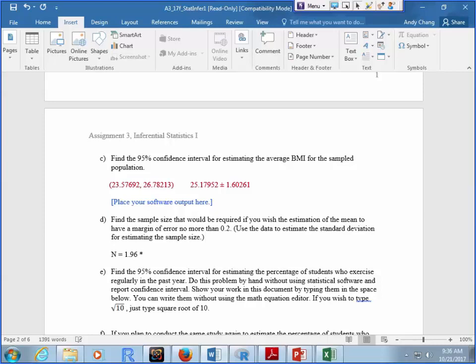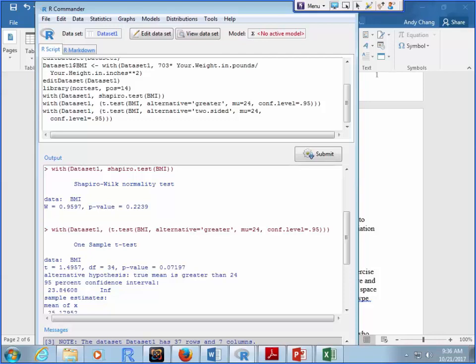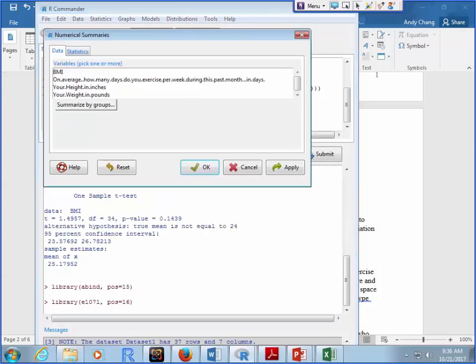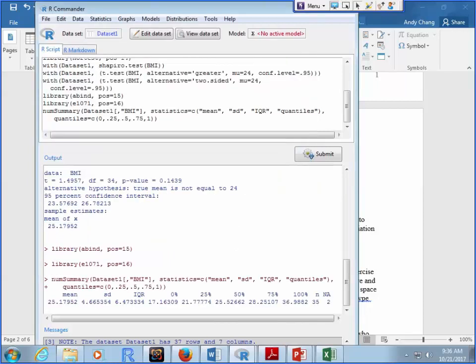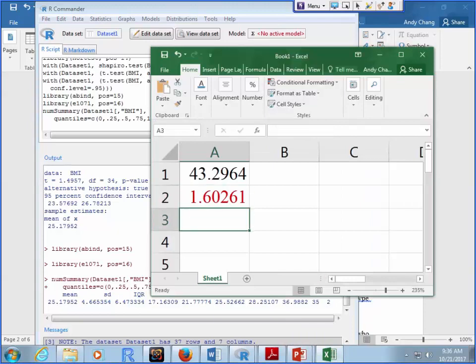Then multiply the standard deviation, use the data to estimate the standard deviation, right? So we have the data, and this data had a standard deviation. I wonder if we got them or not. If we don't, we can just quickly get it. Summary statistic, right? Numeric summary, the mean of BMI, we get a standard deviation of 4.665, right?